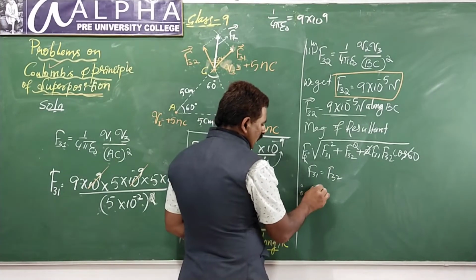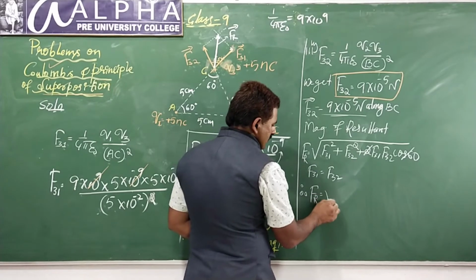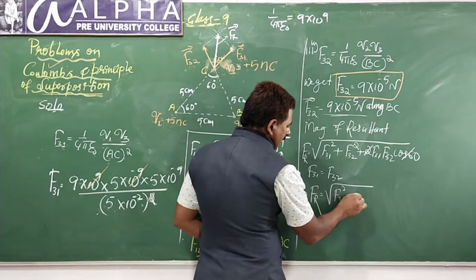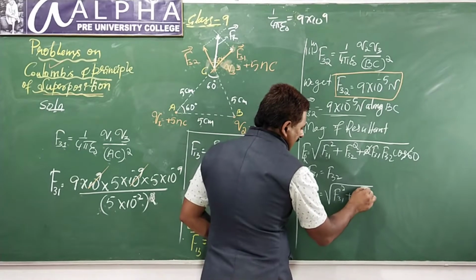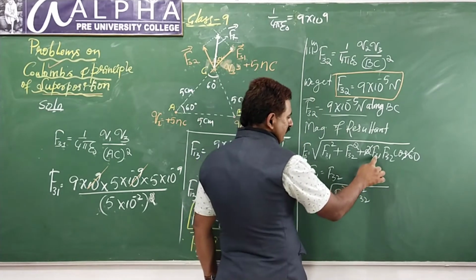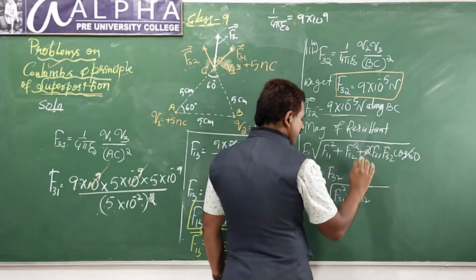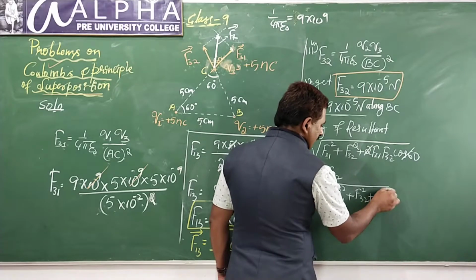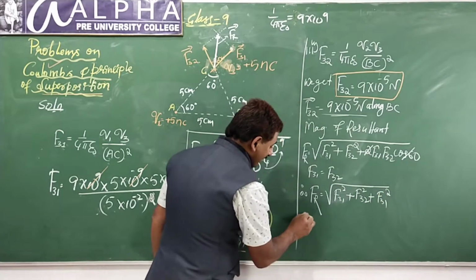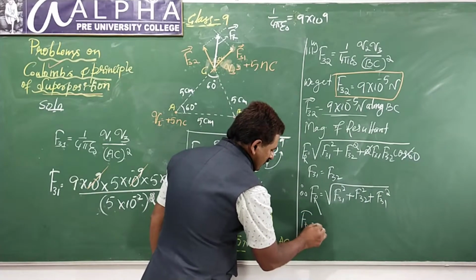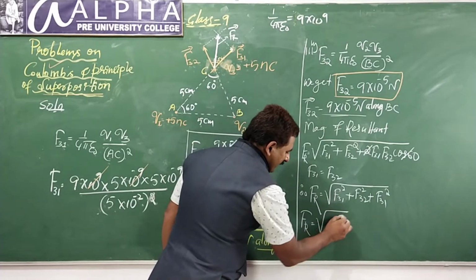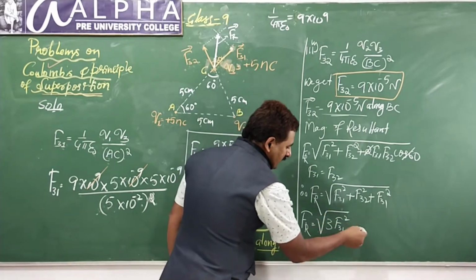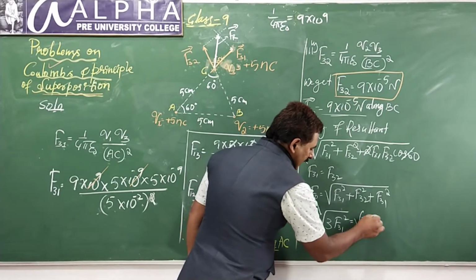Therefore the value of resultant R equals square root of how many terms? 3. F31 square plus F32 square as it is, and the third one, F31 and F32 both same, so F31 square. How many terms? 3. Therefore FR equals square root of 3 times F31 square. Since it is squared, it comes outside the root: root 3 times F31.